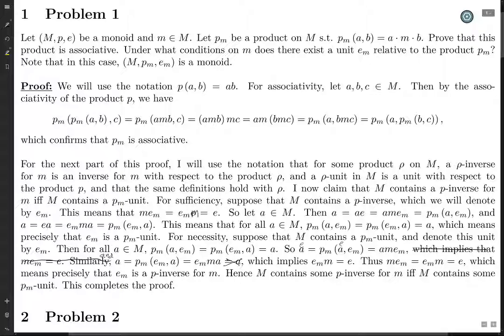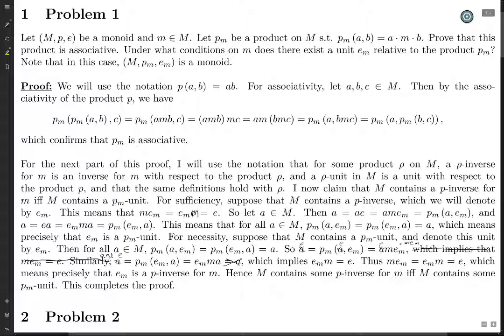So anyways, you look at E, and E is PM E M E, and this is E M E, and that's just equal to MEM. And what else do we have?